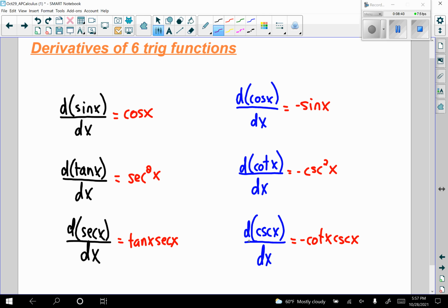That order doesn't matter. But then derivative of cosecant is negative cotangent cosecant or negative cosecant cotangent. Either way, it has the original function in it. So derivative of secant x has the secant x times a tangent x. Derivative of cosecant has cosecant in it. Then it's still times a negative cotangent.